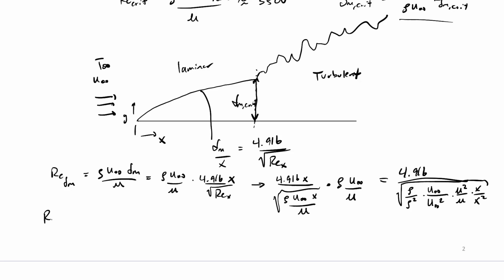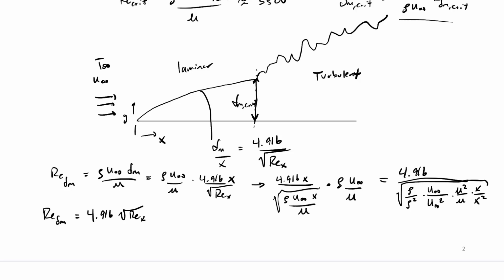Let me do it this way. Reynolds in terms of delta M, which is what we're doing, is then equal to 4.916, and that whole thing in the denominator just becomes the square root of Reynolds x in the numerator.